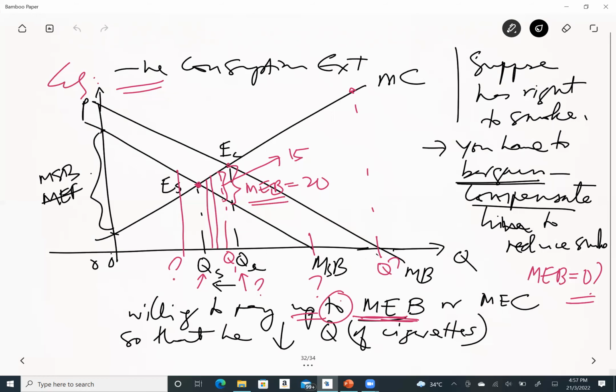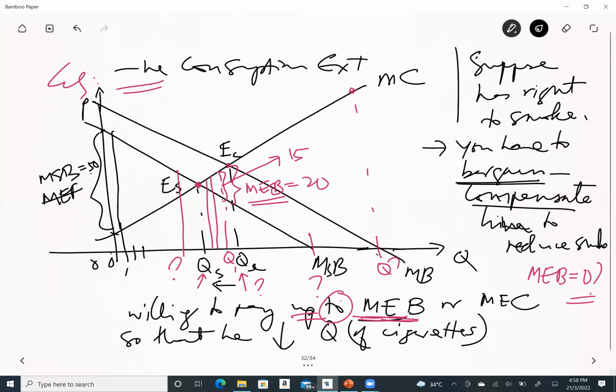So I have here, let's say MSB is 50 there. Okay, so you let him smoke the first cigarette, Q equal to 1, he pays you 50. Okay, you say, okay, you can smoke 1 cigarette, 50. After he smoked the first cigarette, the MSB is still higher, say 40 for him. So he's willing to pay 40 to smoke another cigarette.